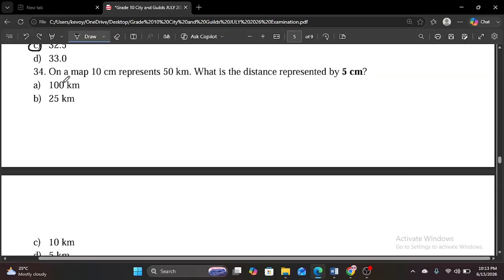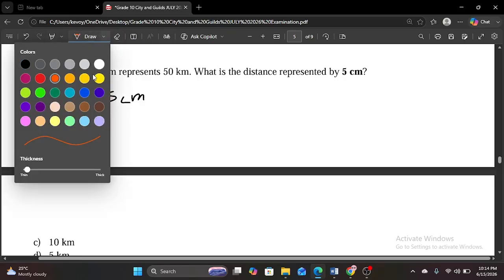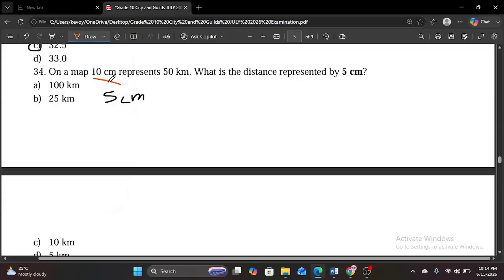All right, so on a map, 10 centimeters represents 50 kilometers. So what is the distance represented by 5 centimeters? All right, so if 10 centimeters represented 50 kilometers, what's going to happen if you have 5 centimeters? So I would first compare the 5 centimeters to 10 centimeters. I know that if I divide 10 centimeters by 2, I would get 5 centimeters.